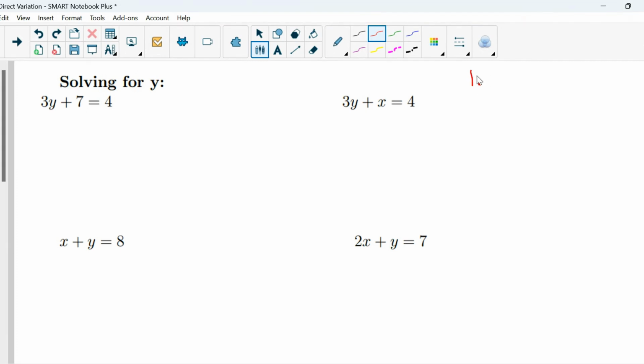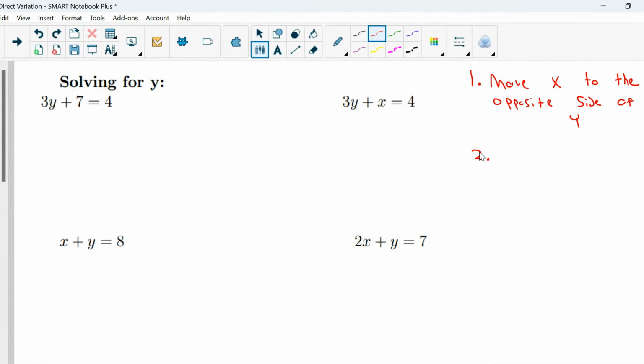So step number 1, we have to move x to the opposite side of y. Okay, we will move x to the opposite side of y by adding or subtracting it to the other side.